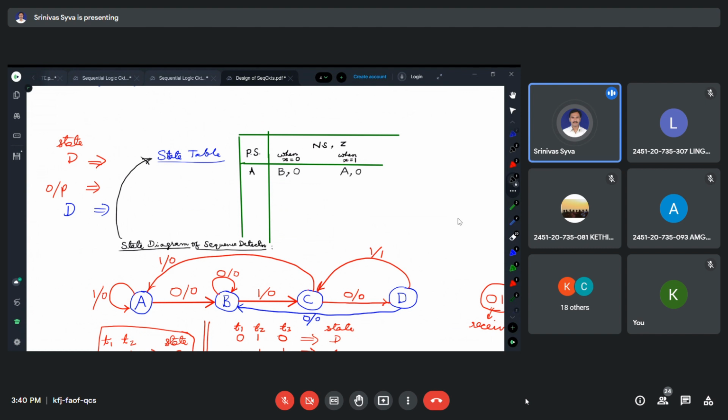Now, the present state is B. If we receive x equal to 0 in the present state B, the next state will be B only. See here.